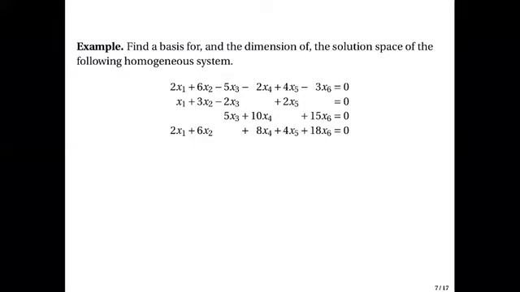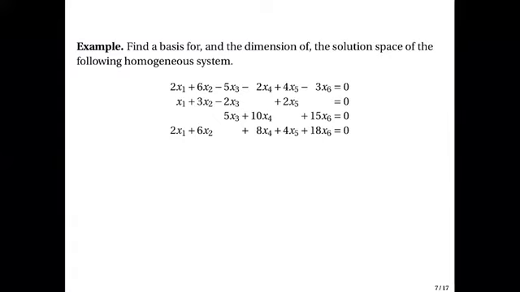Or maybe you get the matrix of coefficients, and then you get the reduced row echelon form of that matrix. Let's use that one. We get the matrix of coefficients of this linear system, find the RREF of that, and then we convert again to equations to get the solution space.